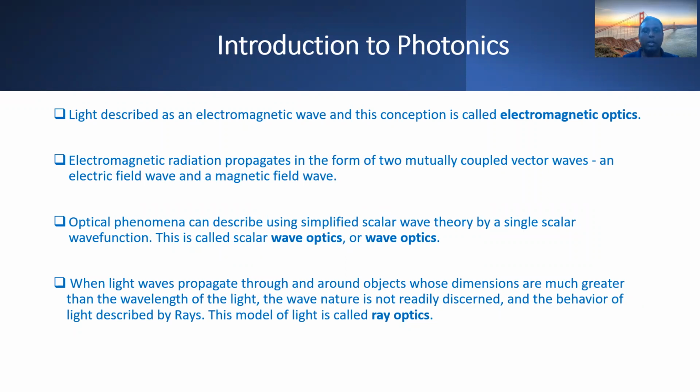The optical phenomena can be described using a simplified scalar wave theory by a single scalar wave function, and this is called scalar wave optics or wave optics. When the light wave propagates through and around objects whose dimensions are much greater than the wavelength of the light, the wave nature is not readily discerned, and the behavior of light can be described by rays. So this model of light is called ray optics.